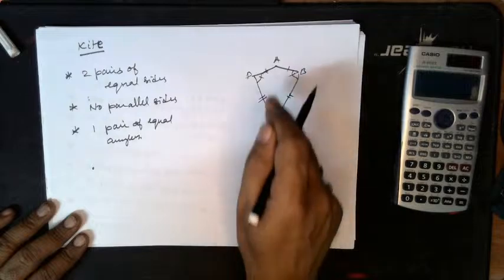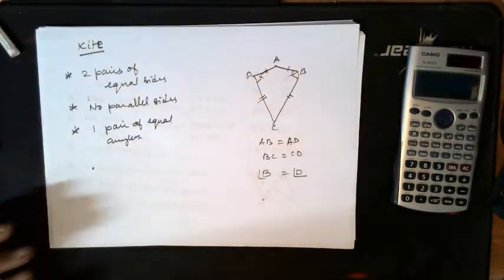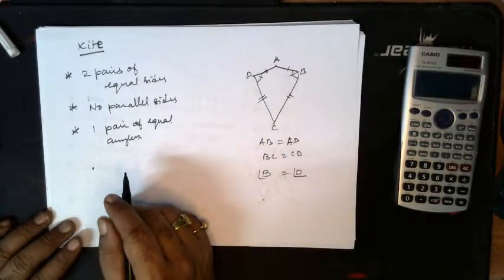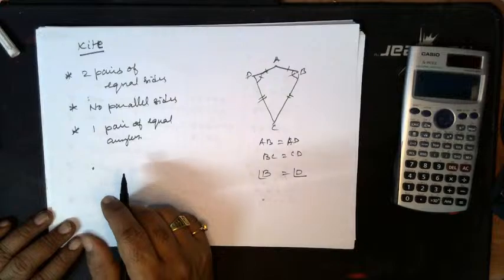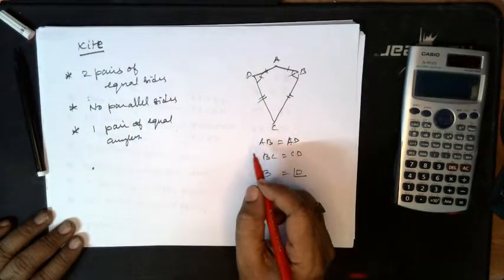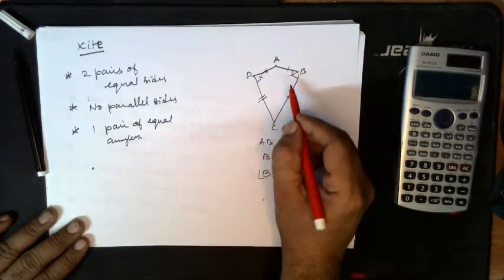But angle A is not equal to angle C, right? And it has one diagonal that bisects the other.